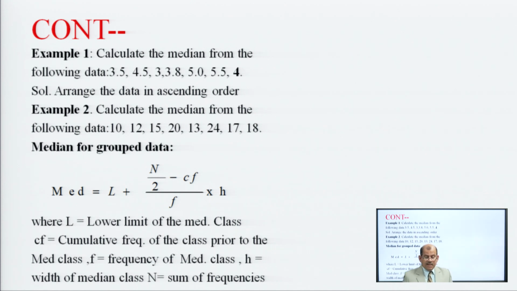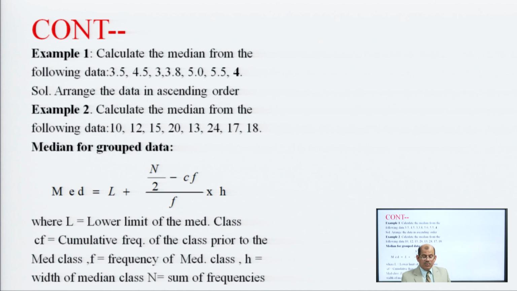Here the minimum number is 3, the next number is 3.5, 3.8, 4, 4.5, 5, 5.5. The middle term, the median, divides the whole series into two equal parts. We have 7 numbers: 3.5, 4.5, 3, 3.8, 5.0, 5.5 and 4.